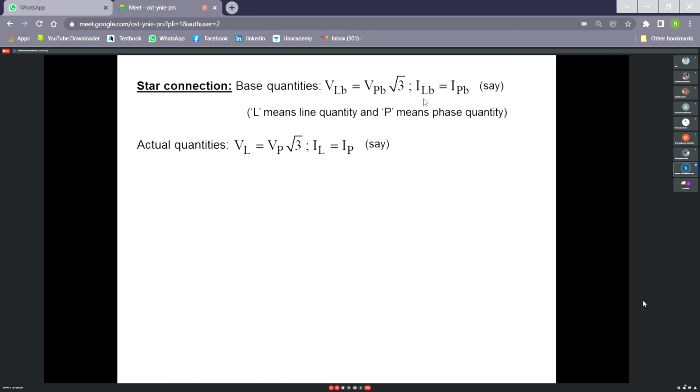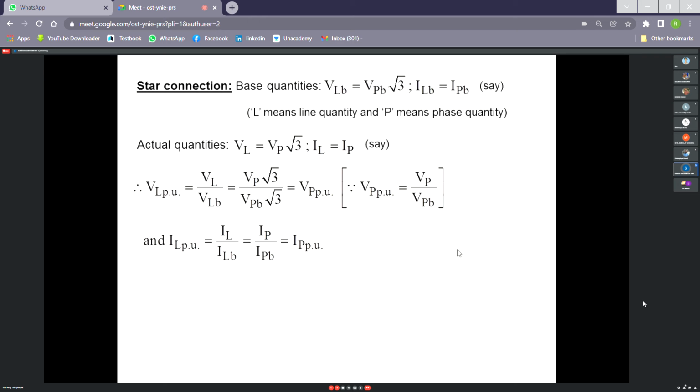Similarly, the line and phase values will be the same for the current, for the star connection. Have you understood this much? Yes, ma'am. Then the actual values, this relation will always be valid: VL equal to VP root 3 and IL equal to IP.